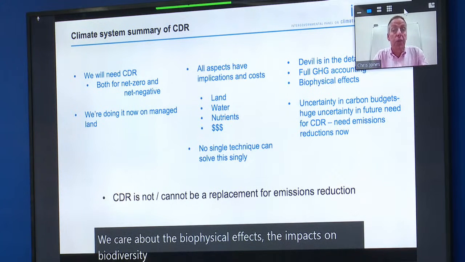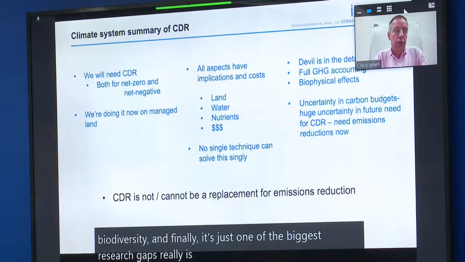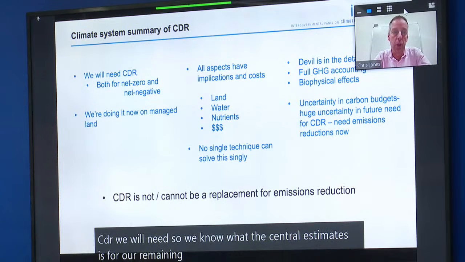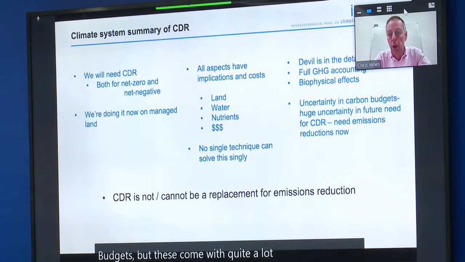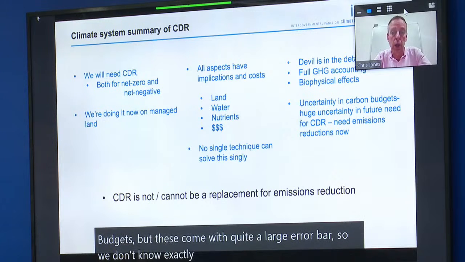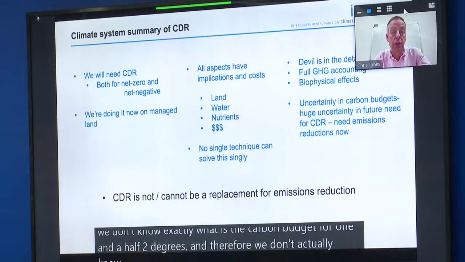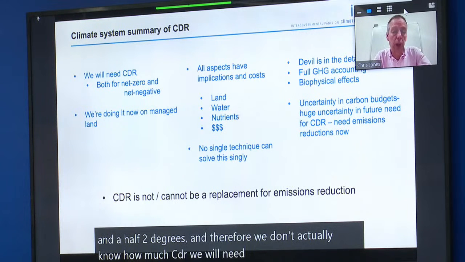And finally, one of the biggest research gaps is the uncertainty in how much CDR we will need. We know what the central estimate is for our remaining carbon budgets, but these come with quite a large error bar. So we don't know exactly what the carbon budget is for 1.5 or 2 degrees, and therefore we don't actually know how much CDR we will need to help us stay within.